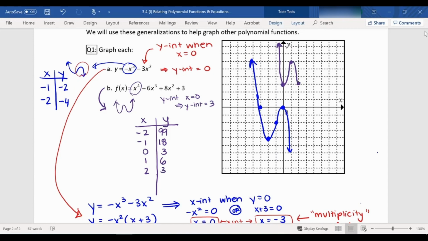Okay. Now we can't assume that this is just going to turn around here. It might keep going down to the right. So I'm going to pick another x value and see what happens. If it starts going back up, then we're done. If it keeps going down, we're going to need another value. This gives me -6. So this is way down here. 1, 2, 3, 4, 5, 6, way down here.